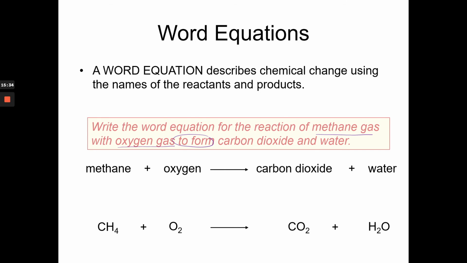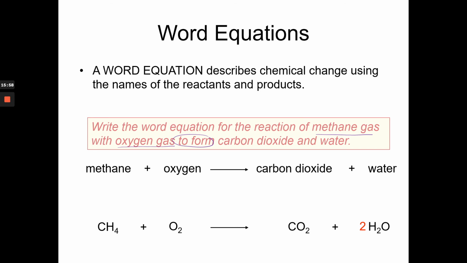Now, we would want to balance that. As I start on the reactant side, I have one carbon. On the product side, one carbon. On the reactant side, I have four hydrogens. On the product, I have two. So I went from 4 to 2, so I would need to add a coefficient 2 in front of the water. Now, I have two oxygens from the water and two from the carbon dioxide, so that's 4 oxygens.